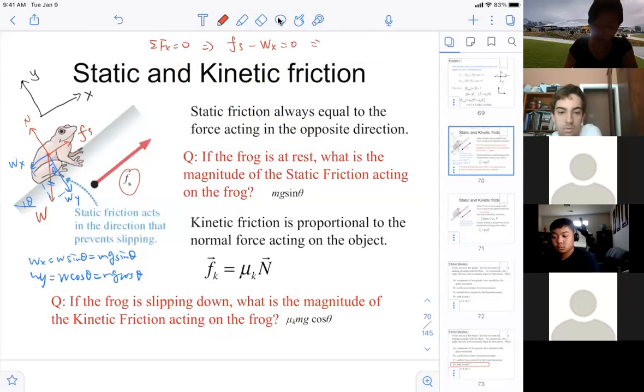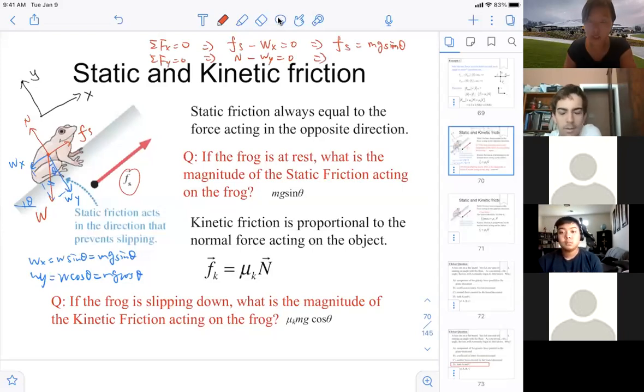They add up to be 0. So static friction in this case is equal to mg sine theta, okay? And of course, the y direction cancels out. You have normal force minus the weight in the y component equal to 0. So your normal force is mg cosine theta.